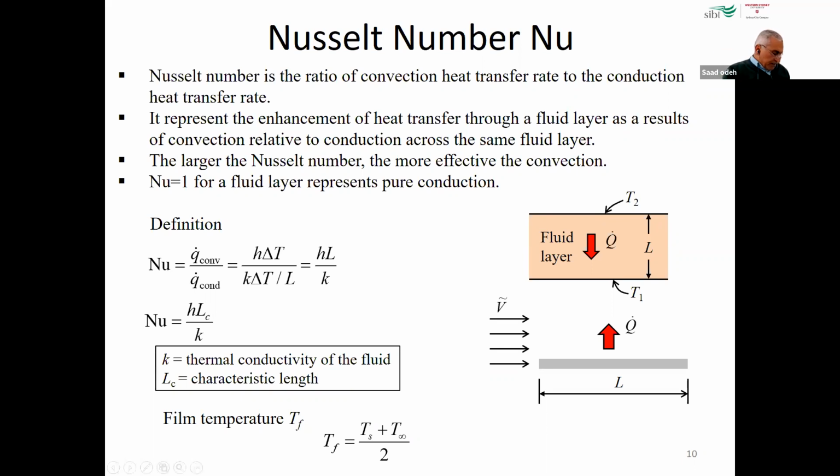Okay, so that's to find this equation. To find this equation, I need to get these values, the K value and L value, which is the length of the surface.